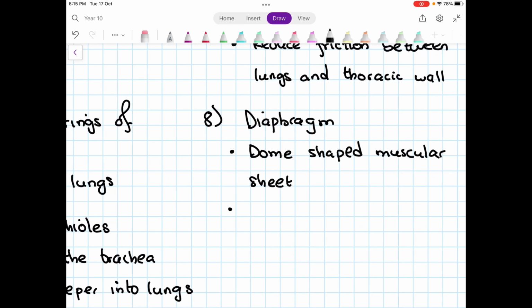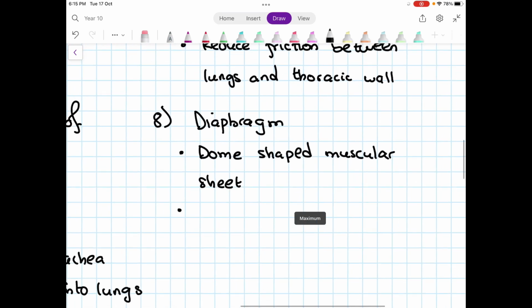And more information will be provided in the inhalation and exhalation video, but it essentially contracts and moves down during inhalation and relaxes and moves up during exhalation.